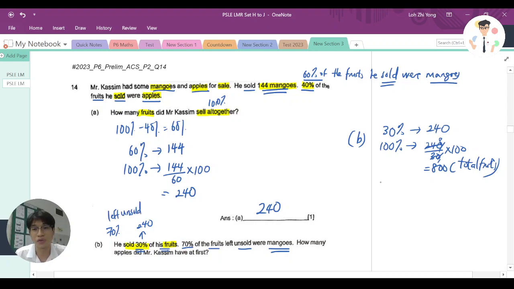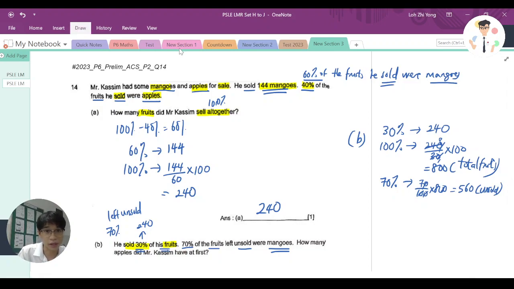So let's find the unsold amount first. 70% of 800, basically 70 over 100 times 800. Simplify, you should get 560. That is actually unsold. Now, I know how many are unsold, 560.